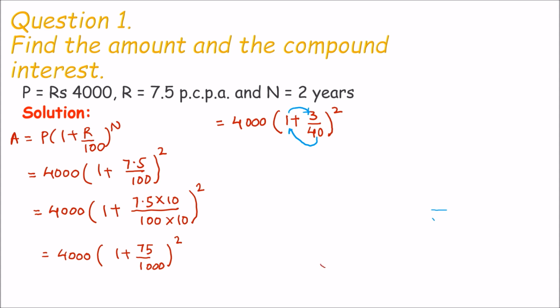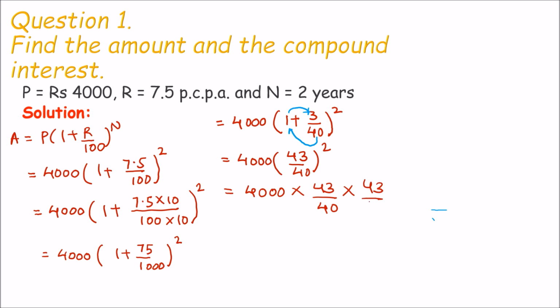So we will get 4,000 into 43 upon 40 raised to 2. Correct? Now we will get 4000 into 43 upon 40 into 43 upon 40. That you will write 2 times since the power is 2.